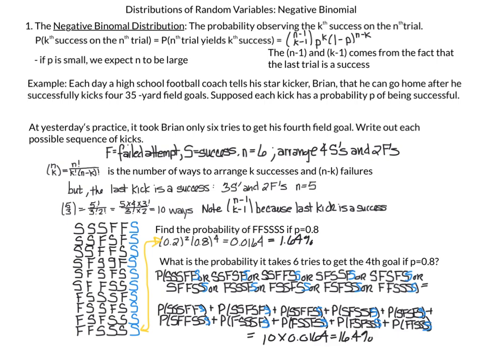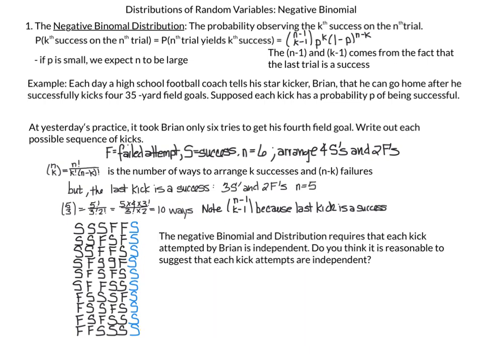So all of these are going to be the same probability, which is 0.0164. There's 10 of them, so we multiply by 10. So our final probability is going to be 16.4%. And so actually I needed to be more careful. These blue S's I absolutely needed because I needed to make sure I had my 4 successes. So I needed to have the 0.8 to the 4th.